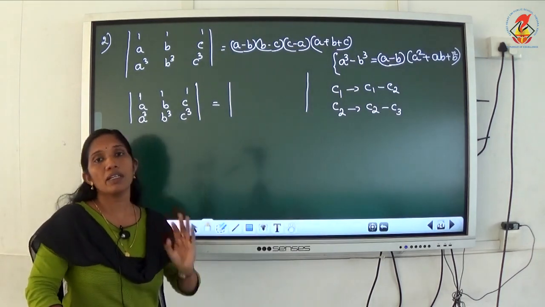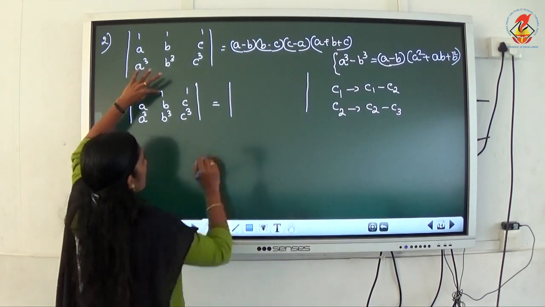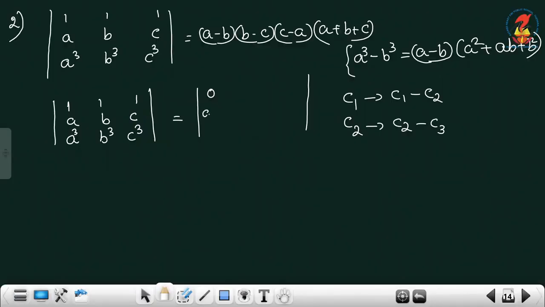Don't do it for all the 3 rows or all the 3 columns. So first one is 1 minus 1, 0, then a minus b, a cube minus b cube. Then again 0, b minus c, b cube minus c cube, 1, c, c cube.